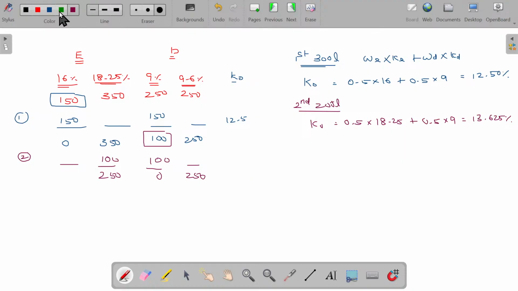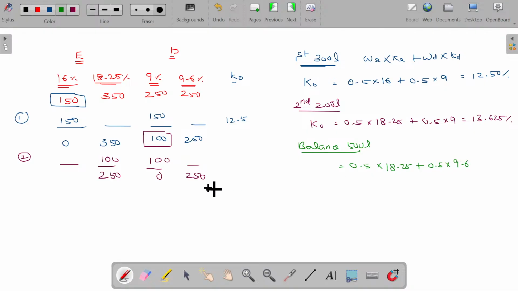Then finally, you can go for the balance sum. Balance 500 lakhs. Are you getting this value? So for the balance, it's 0.5 into 18.25 plus 0.5 into 9.6.